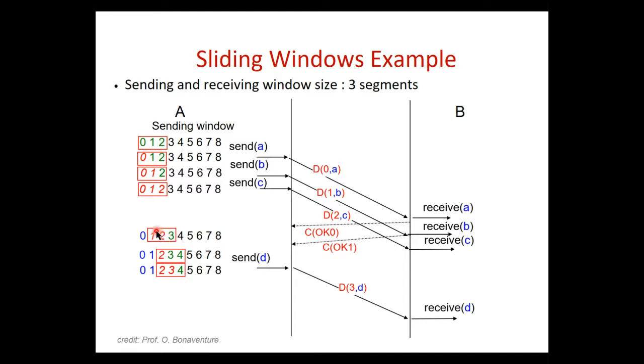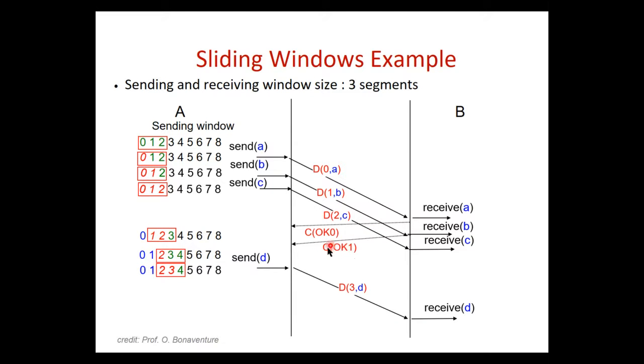So now the sender will slide the window to the right, and because it slides the window, the sequence number 3 is now inside the window. Therefore the sender is allowed to send a new packet with sequence number 3. But let's assume that it does not yet have data. It has no need to send anything, so the window stays in this state.